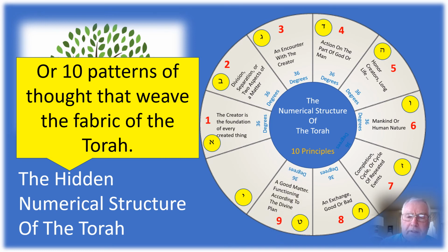Principle 9, a good matter, functioning according to the divine plan. Principle 10, a command, a covenant, or a test of a covenant. These 10 patterns of thought are woven throughout the entire fabric of the Torah.